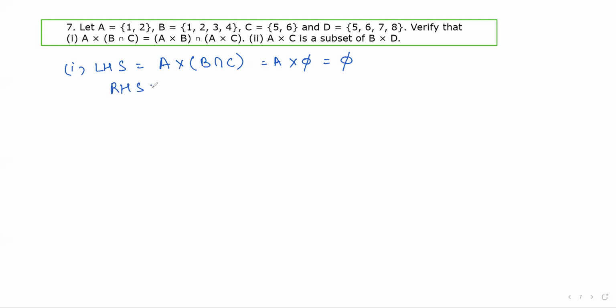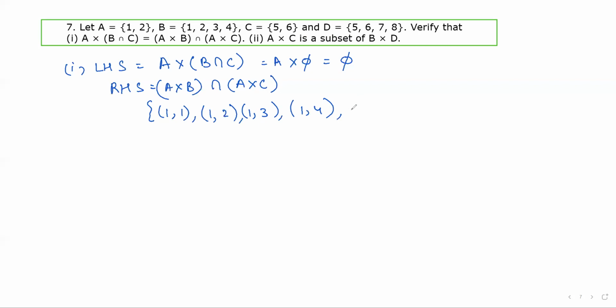RHS. RHS is equal to (A cross B) intersection (A cross C). Now let's calculate A cross B. A cross B can be written as (1, 1), (1, 2), (1, 3), (1, 4), then (2, 1), (2, 2), (2, 3), (2, 4).